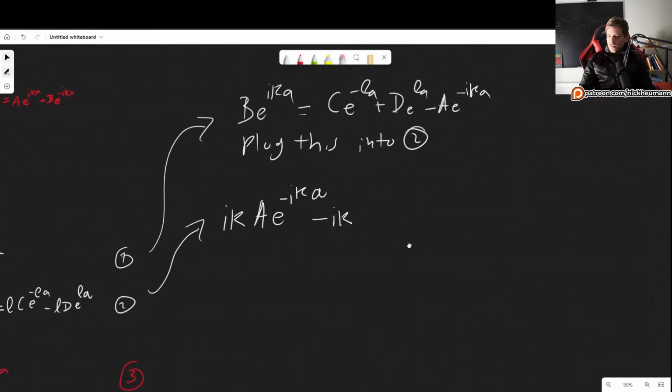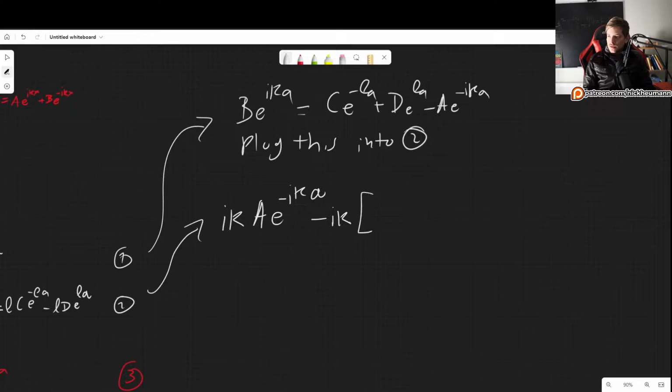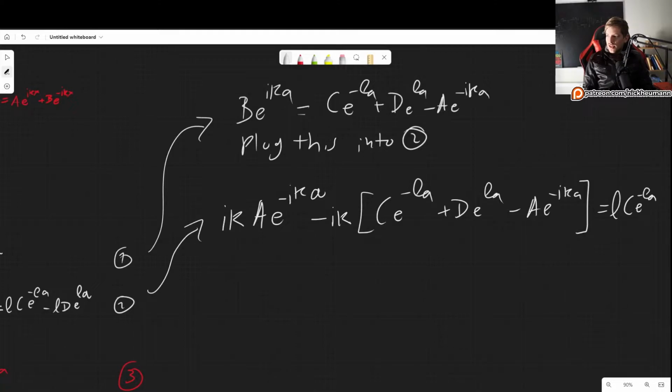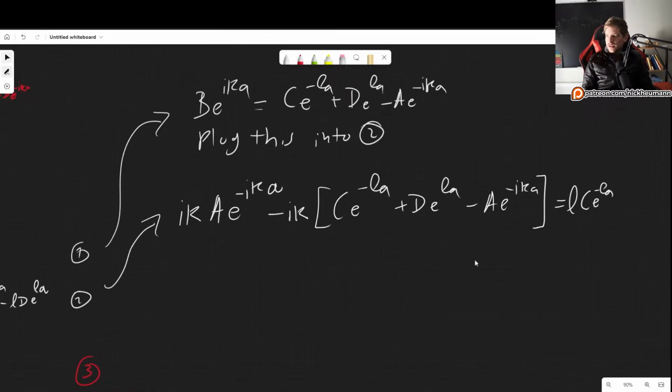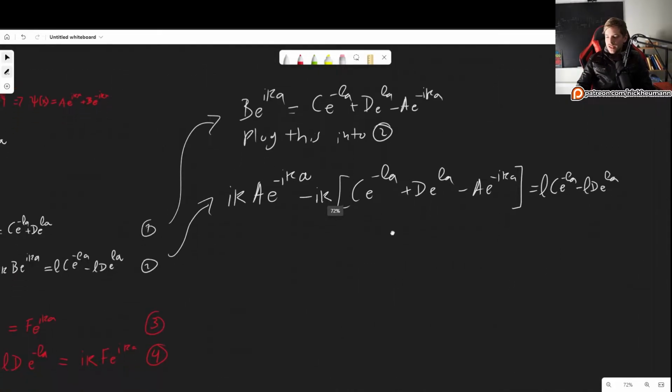So we get CE^(-LA) plus DE^(LA) minus AE^(-IKA), and this has to be equal to L CE^(-LA) minus L DE^(LA). Okay, so here we have now eliminated B.